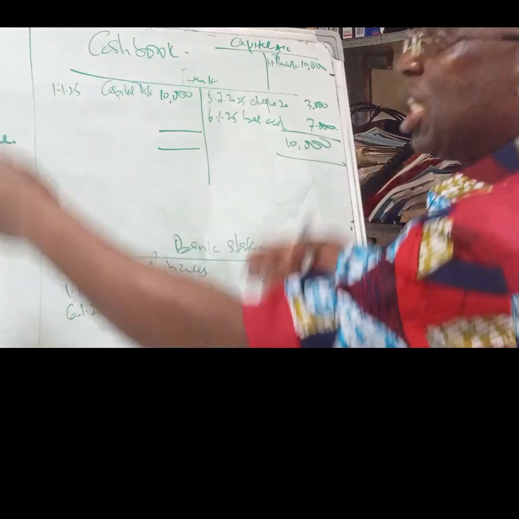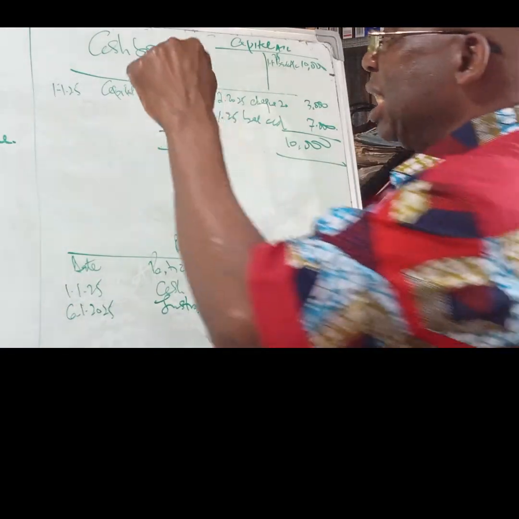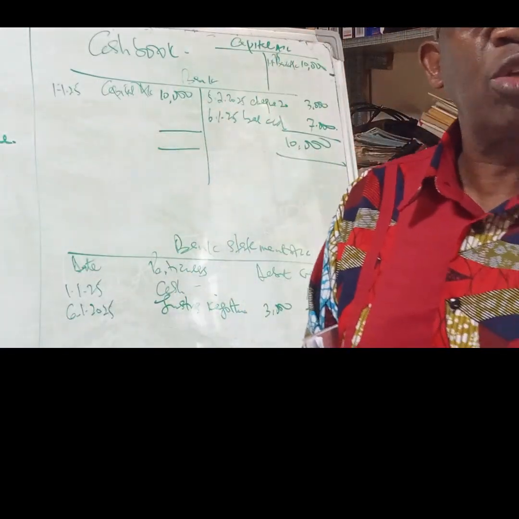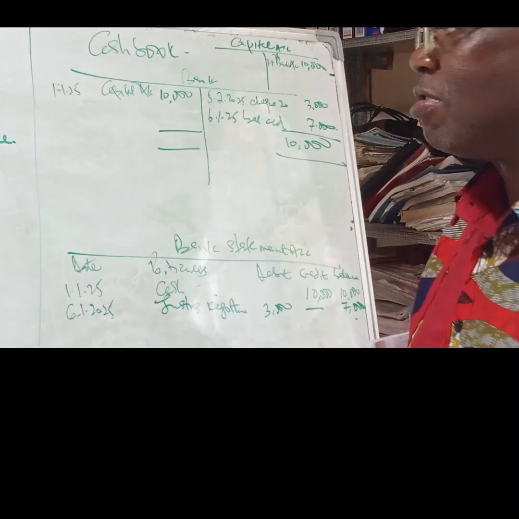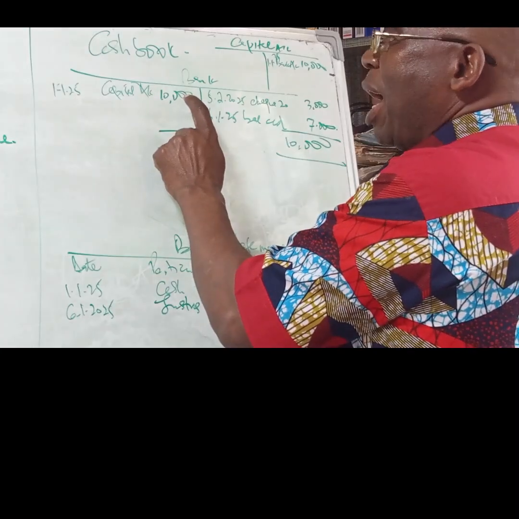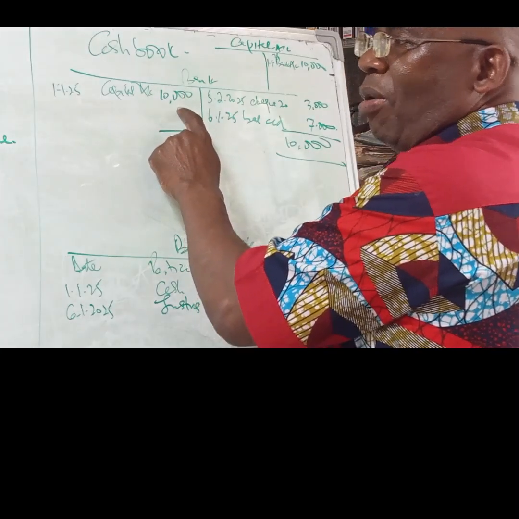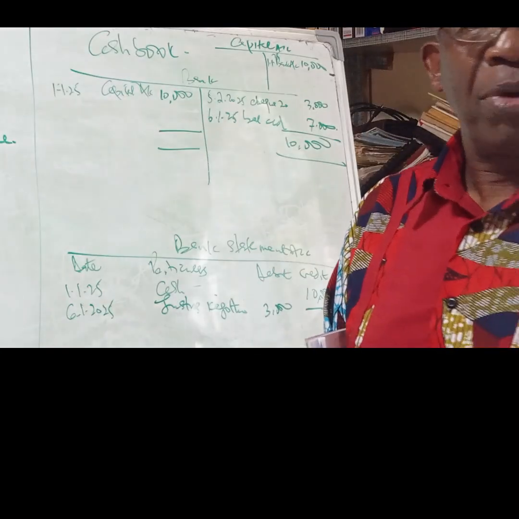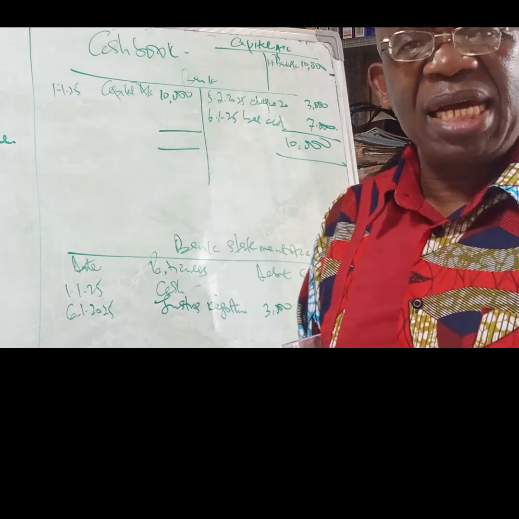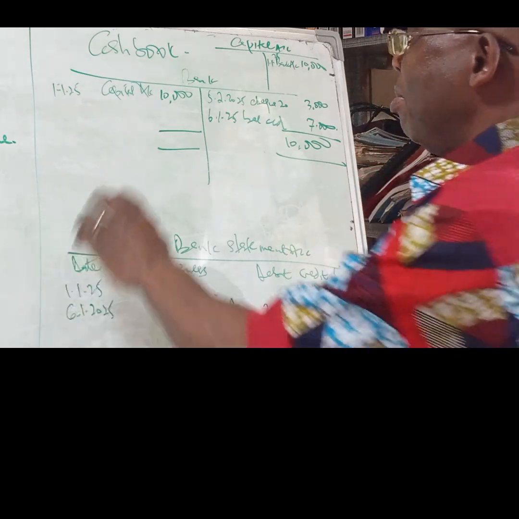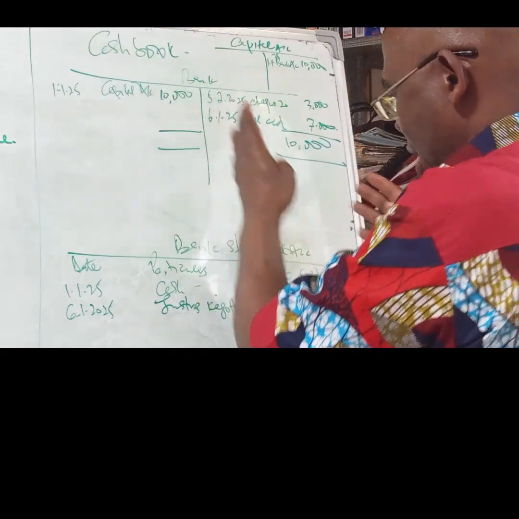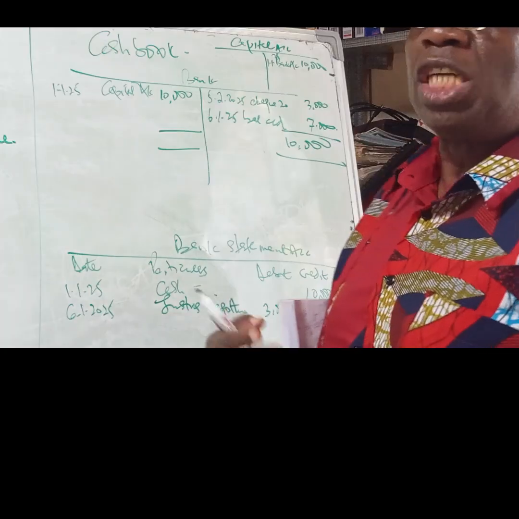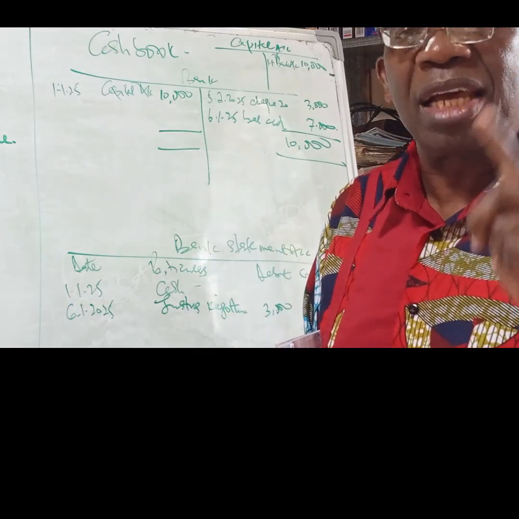We prepare the bank reconciliation statement, the first one to help us to update the cash book. The other one is to prevent and detect errors and fraud by the accountant. That's number 2. Because when you compare what the accountant has done and what the bank has done, if they don't agree, it could be because of an error by the accountant.